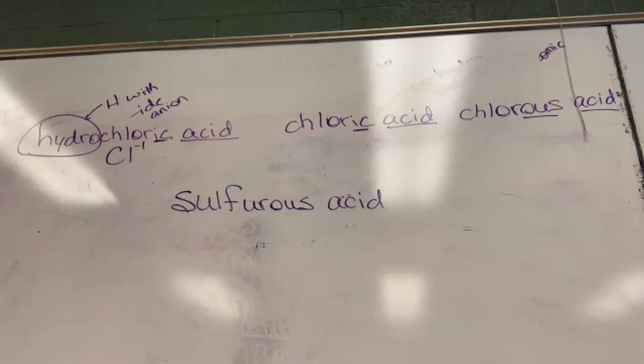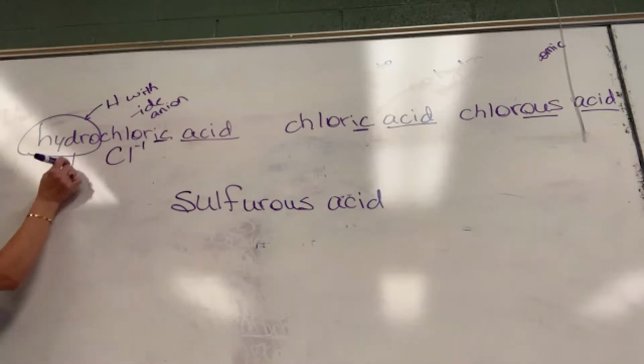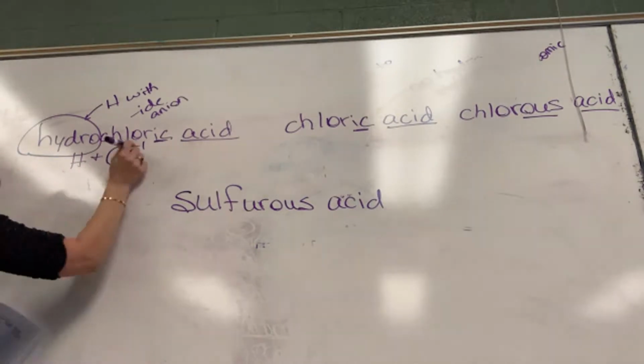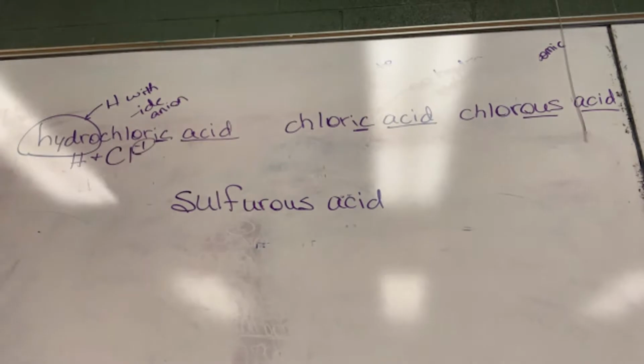So hydrochloric, hydrobromic, hydroiodic, hydrosulfuric, hydrocyanic. They're all hydrogen, and then whatever that other thing is, that ion. And so this is hydrogen and chloride. It's not the formula, right? This right here tells you how many hydrogens it bonds to.